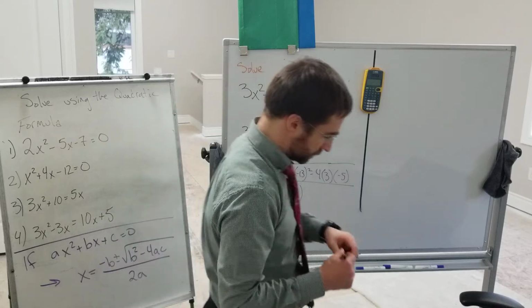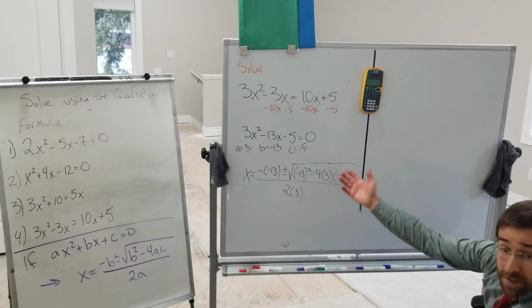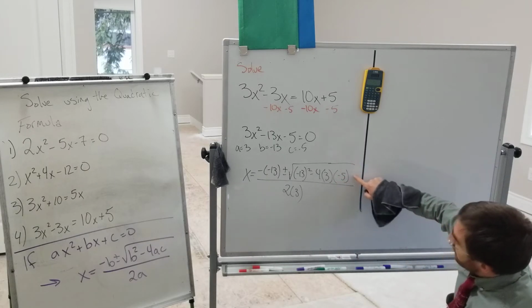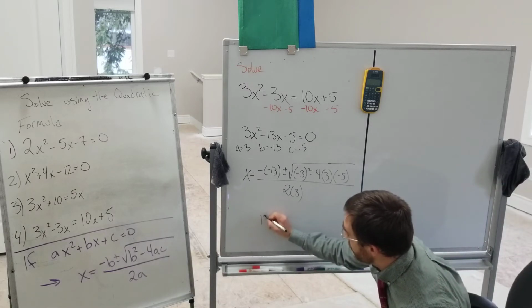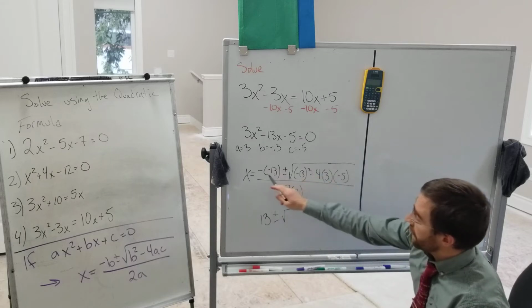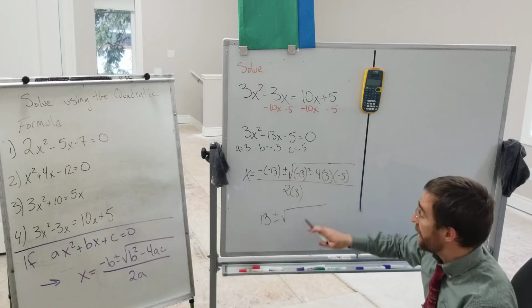All right, now we're going to go through and simplify. We're going to say, what is that discriminant first? Is this positive, negative, or 0? So here we get 13 plus or minus the square root, right? It's positive 13 here because negative and negative make a positive. Sorry, I should have said that.